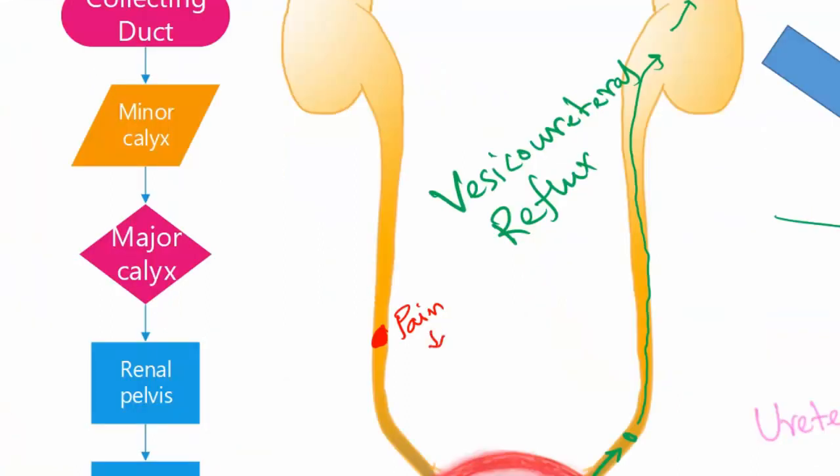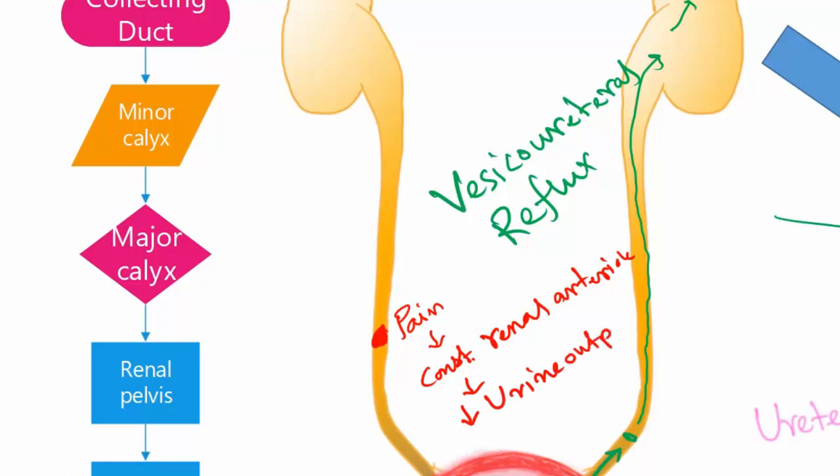Pain, constriction of renal arteriole. So it also leads to decreased urine output.